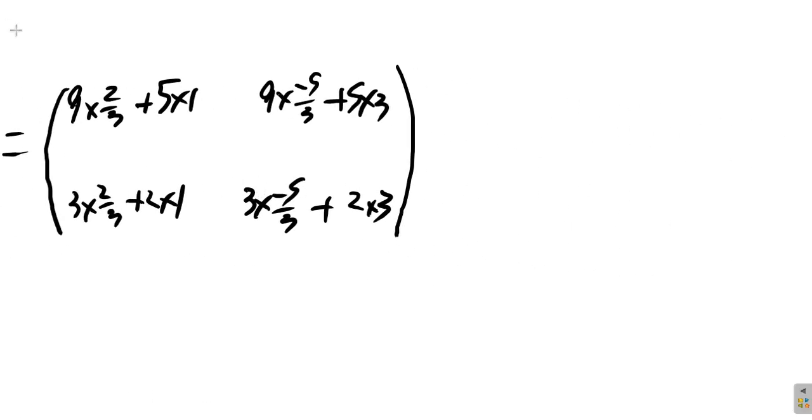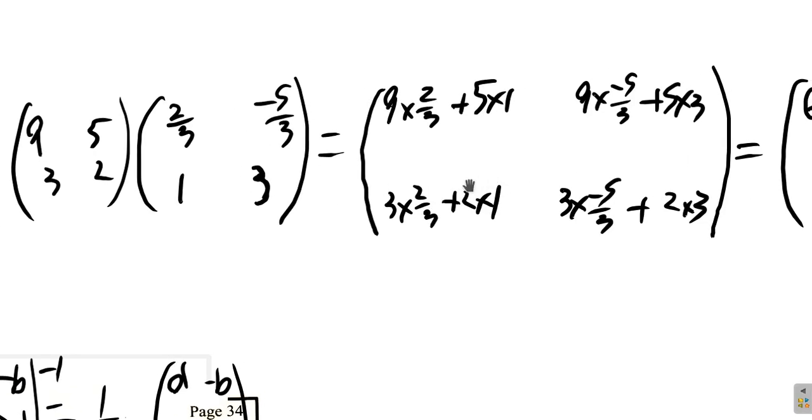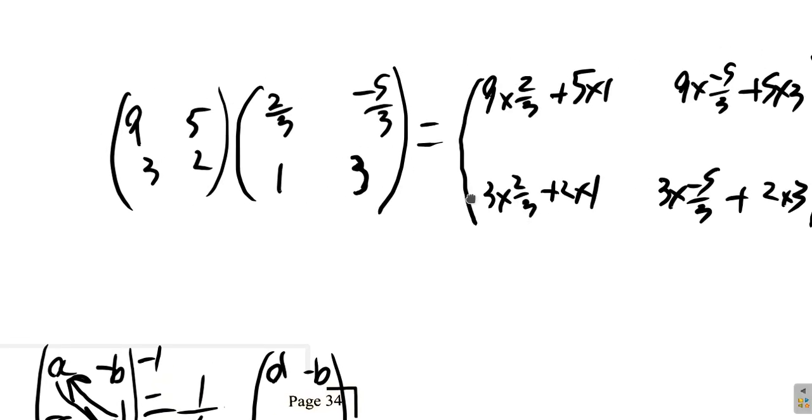Alright, so let's simplify these things and see what happens. 3 into 3, 3 into 9, 3, 3, 2, 6. So what you have is going to be 3 plus that.